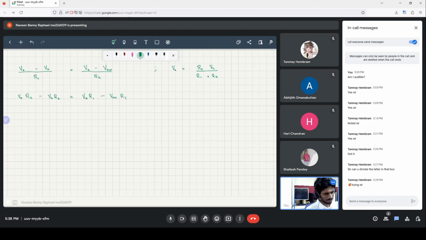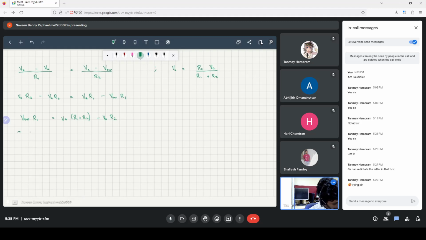We want to write V out in terms of VH and VC, so we'll take this to this side and everything to the other side. So we have V out into R1 is equal to VA into R1 plus R2 minus VH into R2. Now we can substitute for VA.